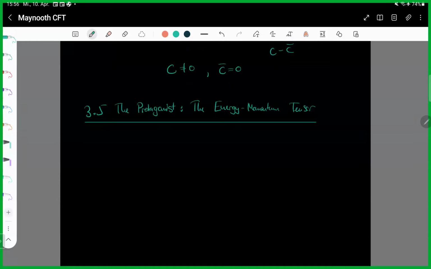I won't derive it, because it's not strictly speaking CFT, so let me just give you some folklore on the energy momentum tensor.